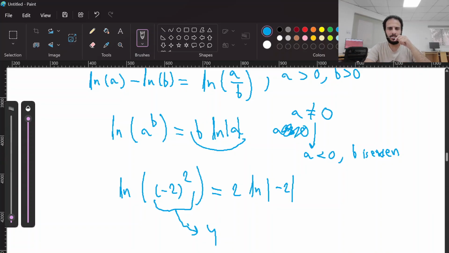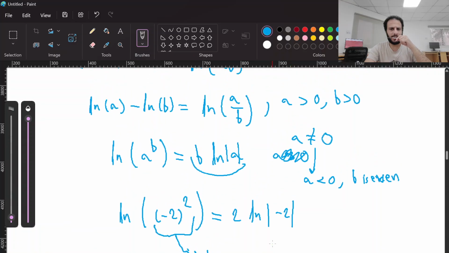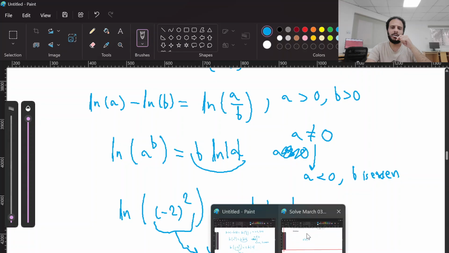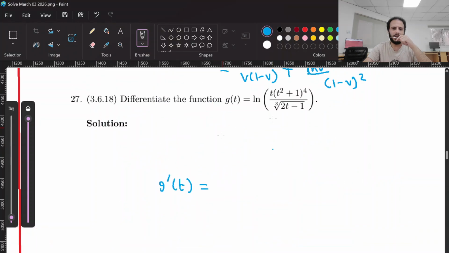Now, let's get back. Do we need more than these rules? I think these are enough for the problem. Now, g of t equals what?